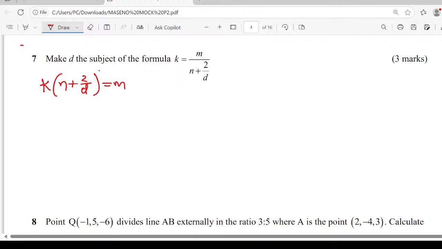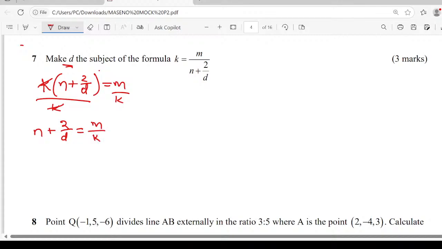Next, because I want to get d as the subject of the formula, I divide here by k, also here by k. The k and the k cancel, so I'm going to have n plus 2 over d being equivalent to m over k. That is step number 2.